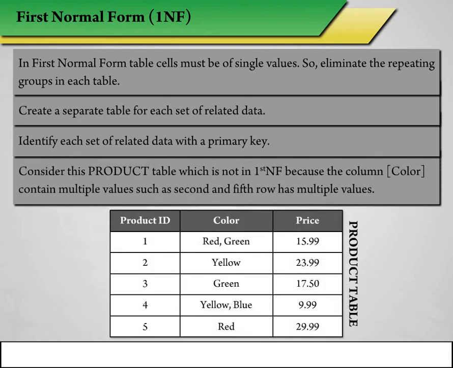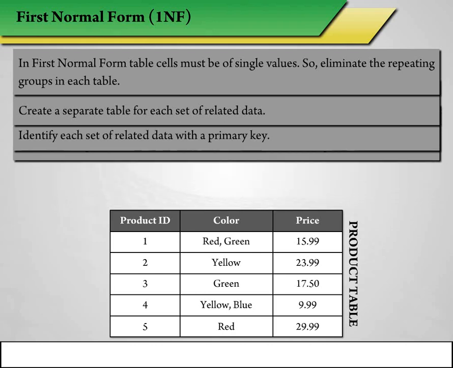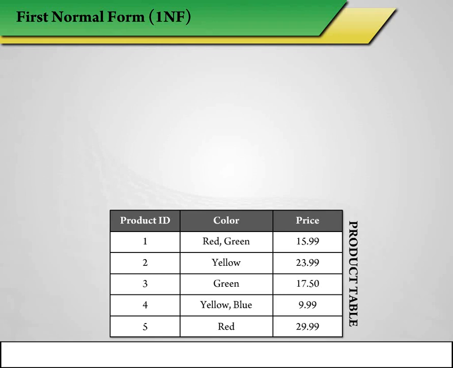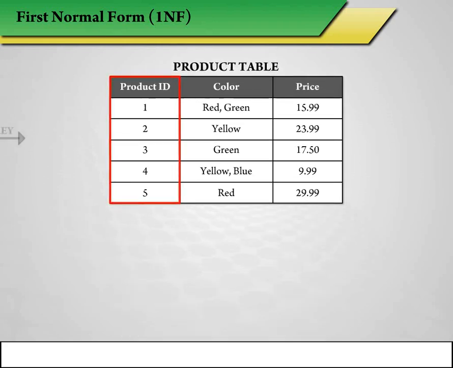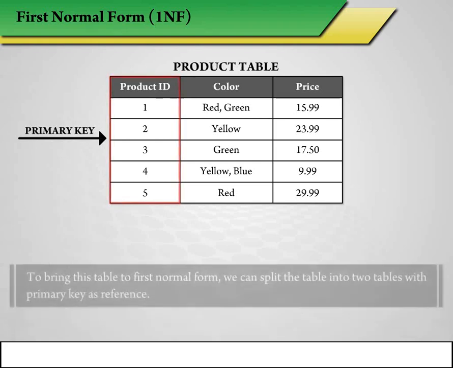Consider this product table, which is not in first normal form because the column color contains multiple values, such as the second and fifth rows.